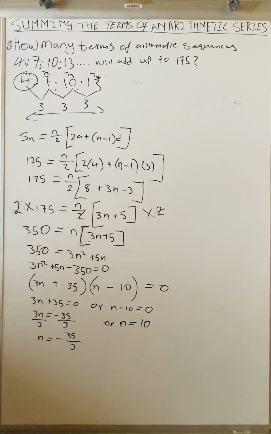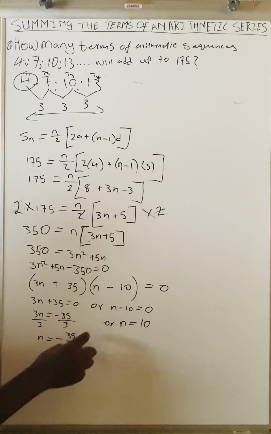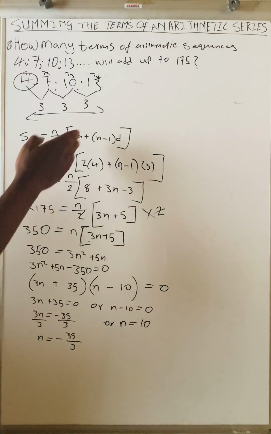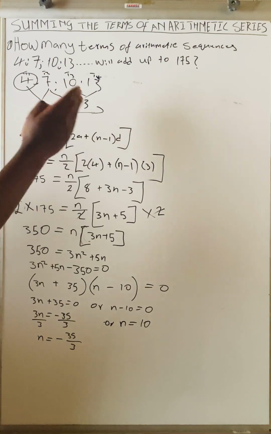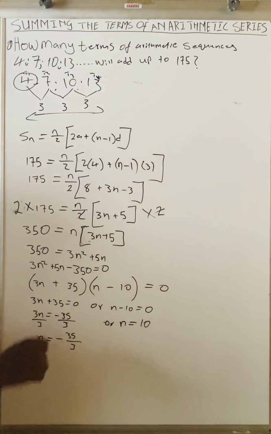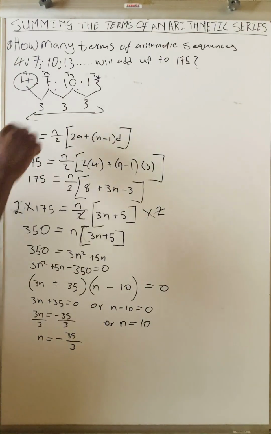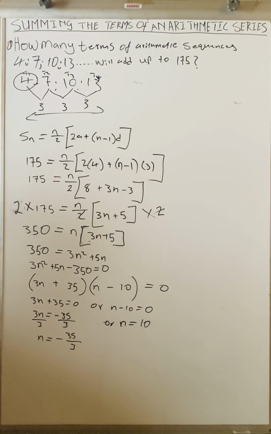From here, you are not done, guys. Don't be too excited when you reach this stage and say, I'm done. You are not. You have to take these values and substitute them in the formula. Where you see n, you substitute negative 35 over 3, then a is 3, again you substitute negative 35 over 3, and d is 3.